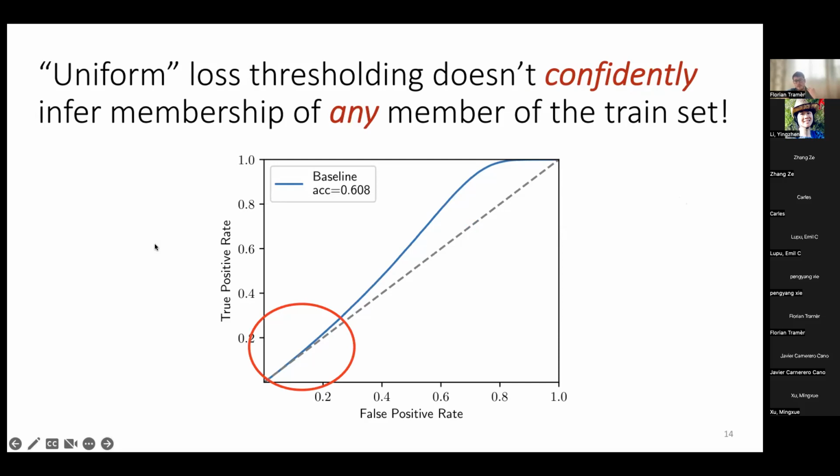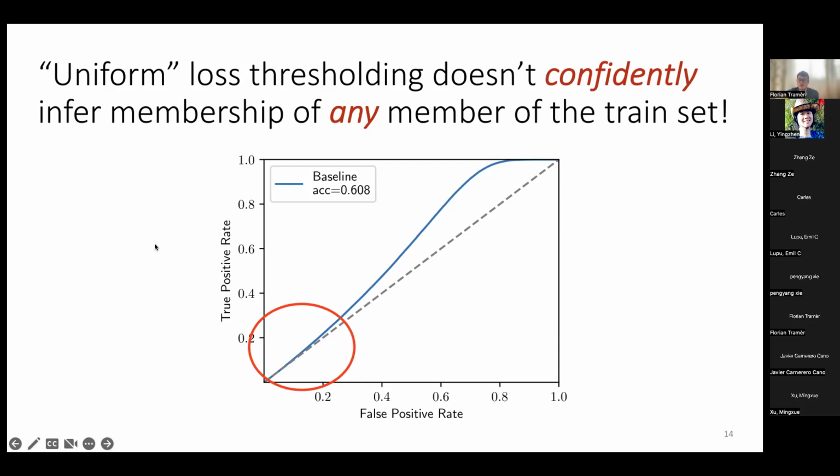So you're very rarely claiming that something is a member when it's not, and so you actually have an attack that's extremely precise and can really say this specific point is a member with very high precision. And so this starts becoming much more of a privacy threat. And the issue is that existing attacks, when you look at this low false positive rate regime, actually do no better than random guessing.